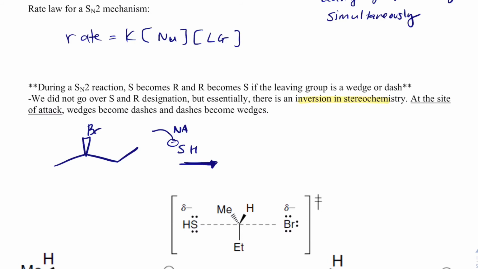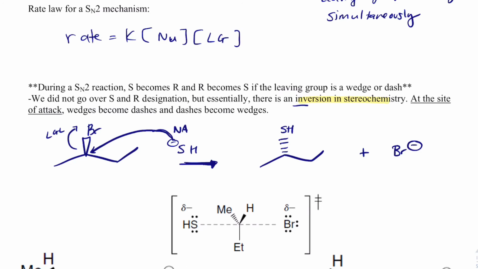Because it comes in from the reverse direction, bromine leaves, gets kicked out. We're going to have the SH group have stereochemistry that shows that it came from the opposite direction. Bromine takes its electrons and leaves, and so we get something that looks like this.